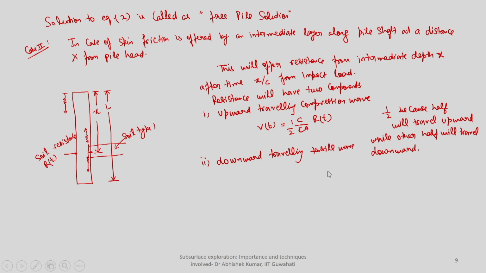But what will happen once it reaches the bottom, if I am calling this component T and this one as C? Once the tensile component reaches the bottom, it will reflect back and travel like a compression wave, because your acceleration or strain sensors are here. Whether it comes directly as a compression wave or as a tensile wave after reflection to compression wave, it will be detected only at this particular location where the sensors are.